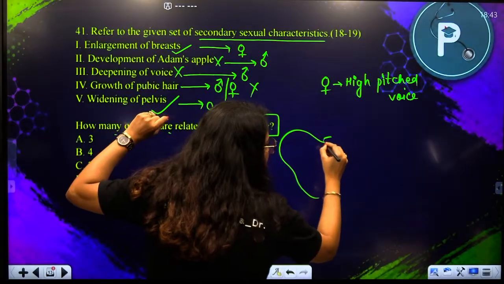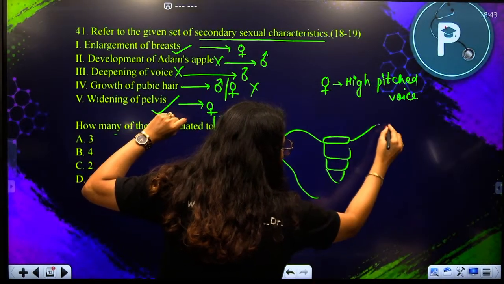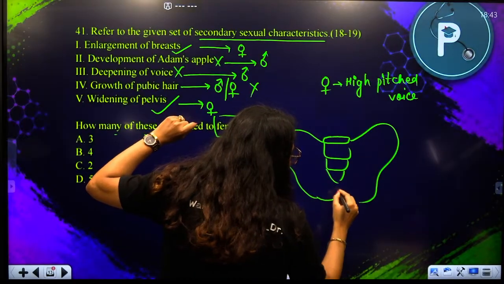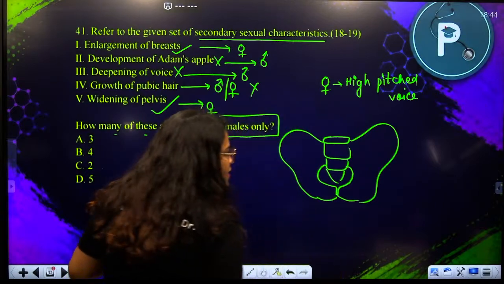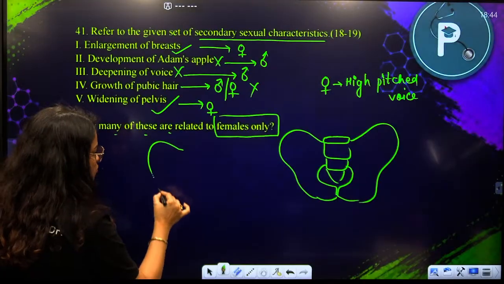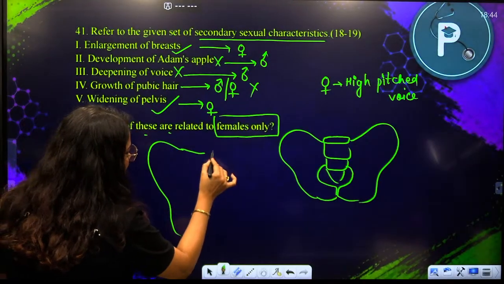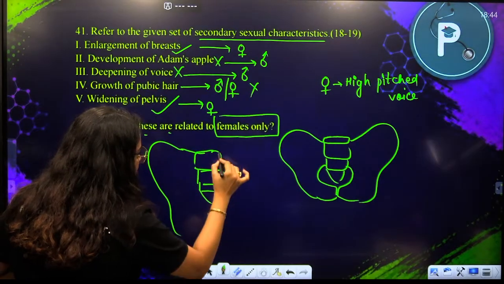Okay, if suppose this is the pelvis, let's imagine that this is the pelvis of a female. Okay, this is how the pelvis is actually present. Okay, and in case of male, if you compare it, males have a much more elongated and stronger pelvis. Okay, something like this.